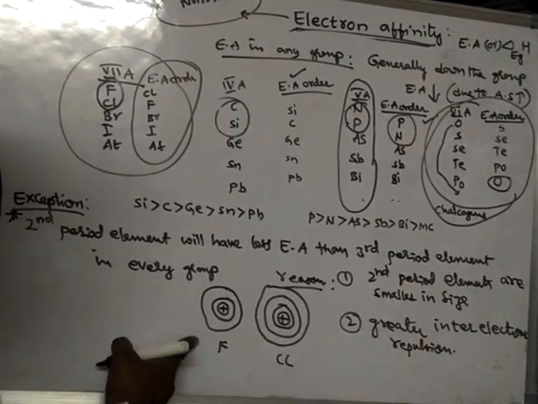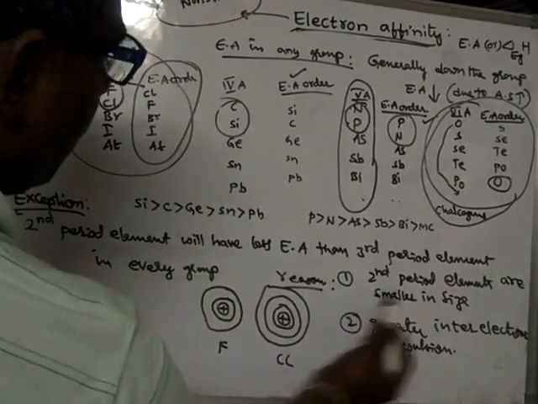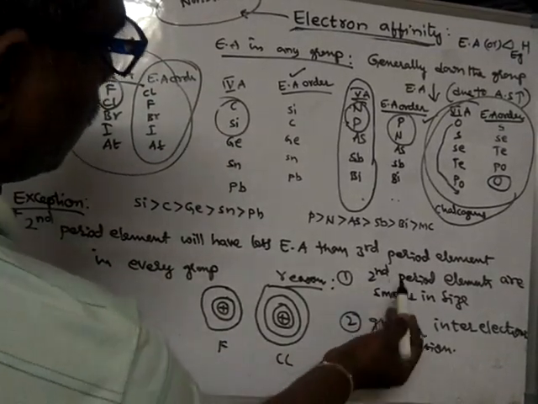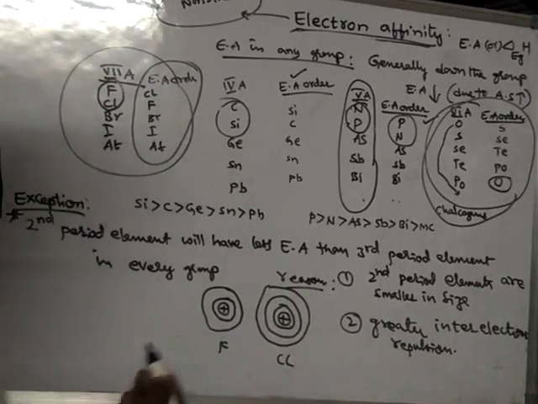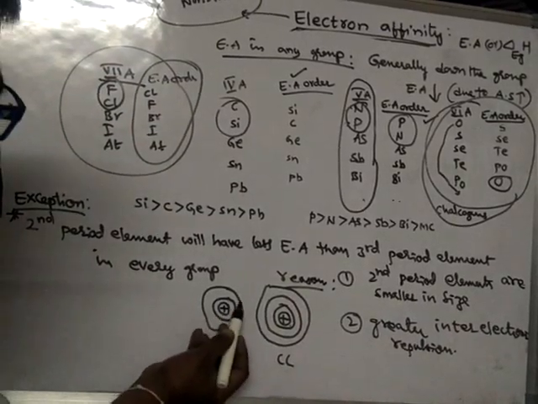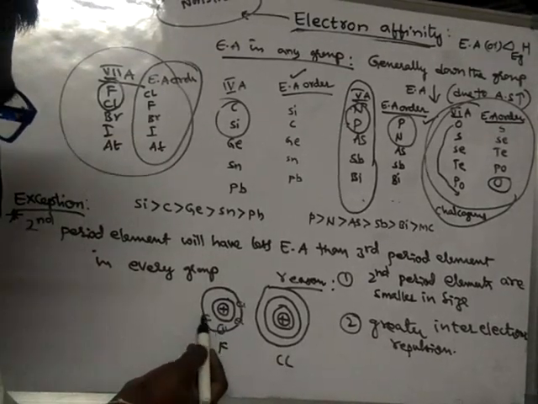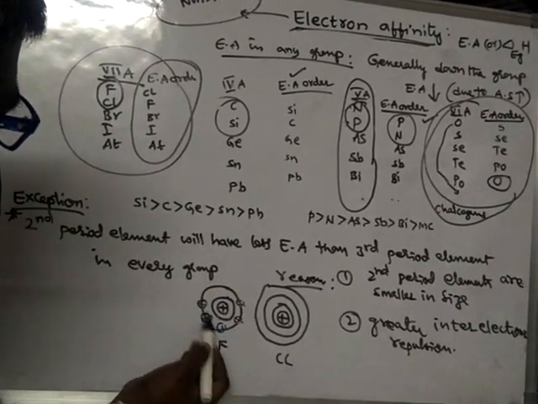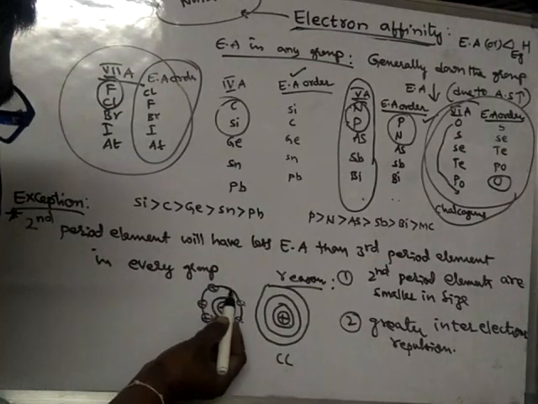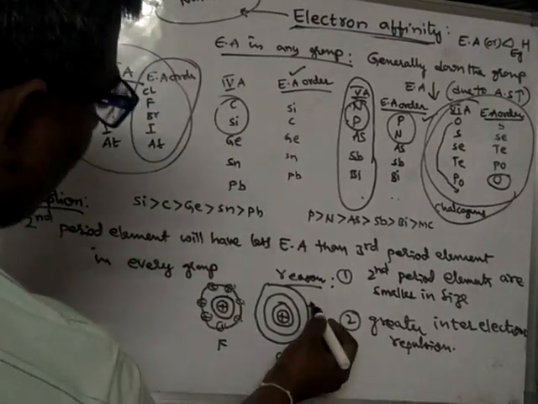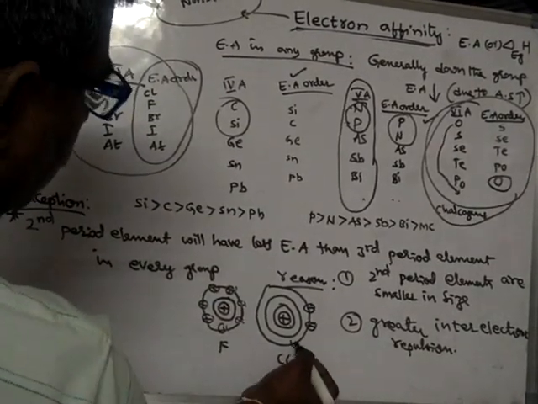So the size of fluorine is less, because fluorine is a second period element. When it is smaller in size, what happens? In fluorine the valence shell contains 7 electrons. Even in chlorine, the valence shell contains 7 electrons.